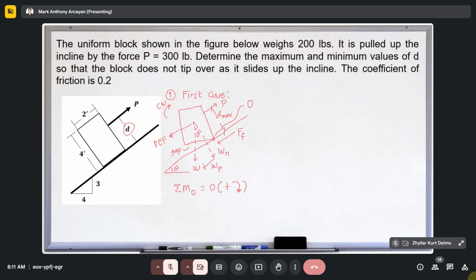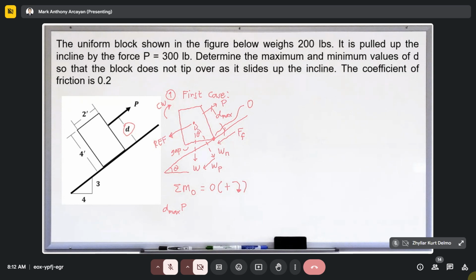Now let's continue. The moment of force P is D sub max times P. Then, the frictional force cannot create a moment because it acts directly at the moment axis, so there is no moment arm. Let's proceed to the normal component of the weight.